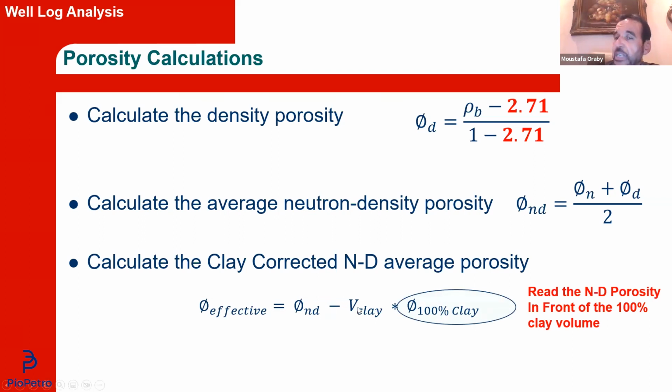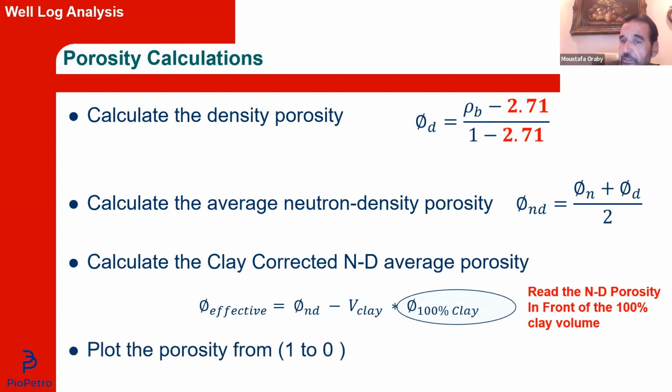You calculated the V clay, and you find this from the log. You go to the maximum value of gamma ray and read the neutron density in front of it. And you do the calculation to calculate the effective porosity.